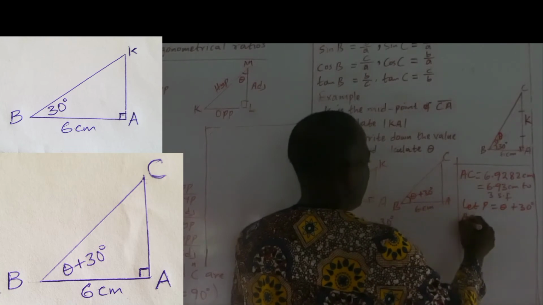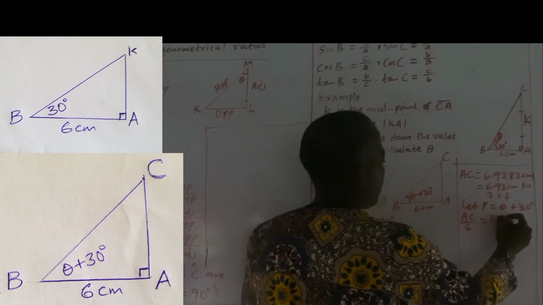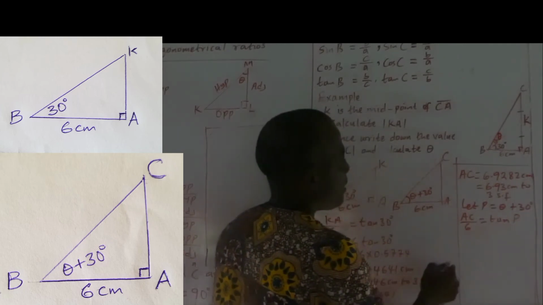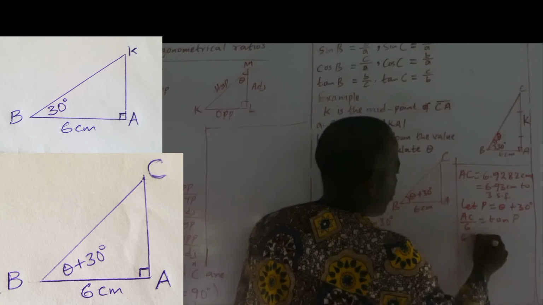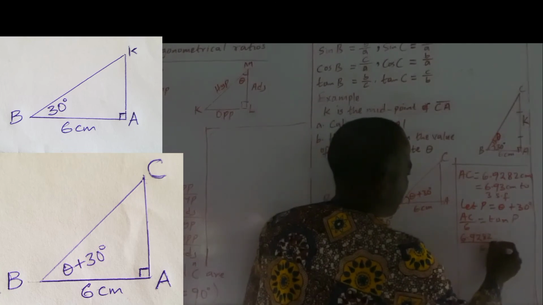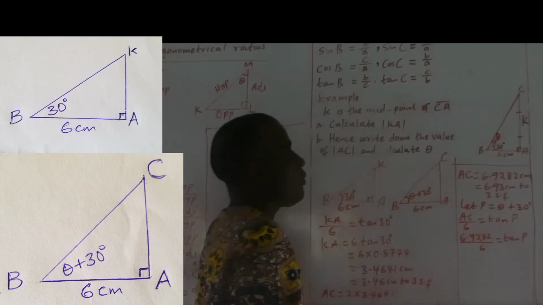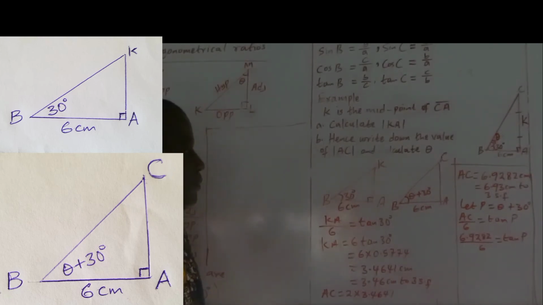AC over 6 is equal to tan P. AC is 6.9282, so 6.9282 over 6 equals tan P. We are not expected to use the approximated value.